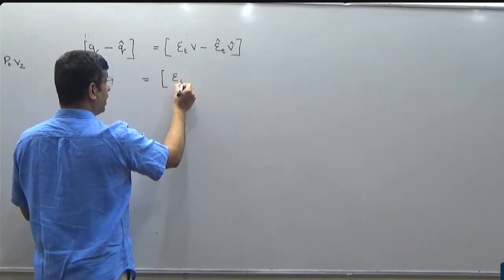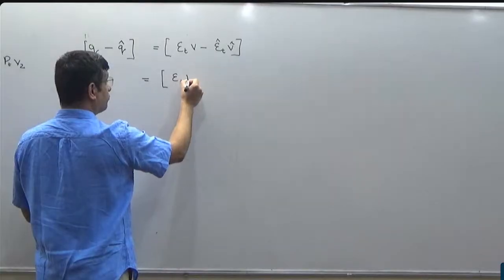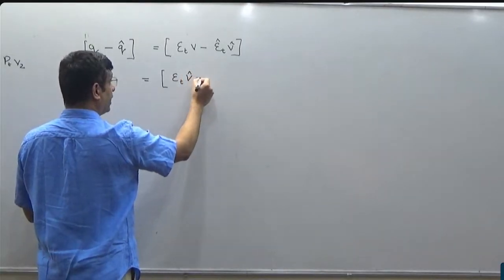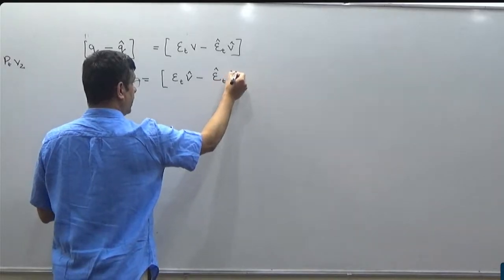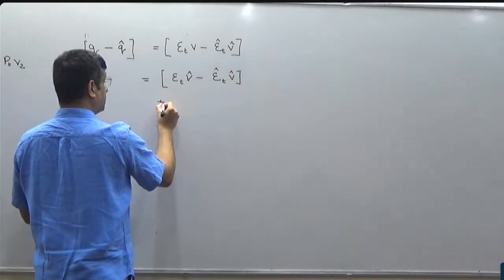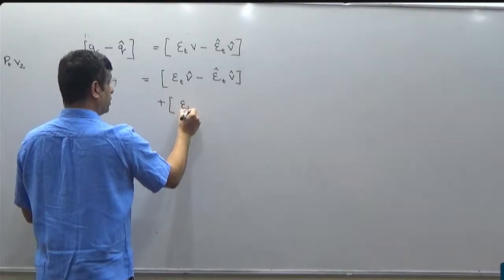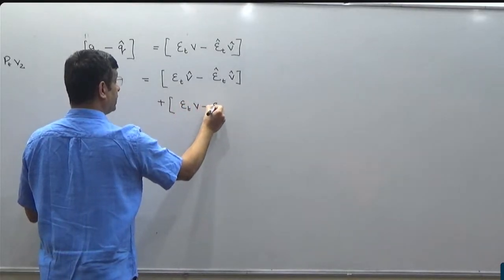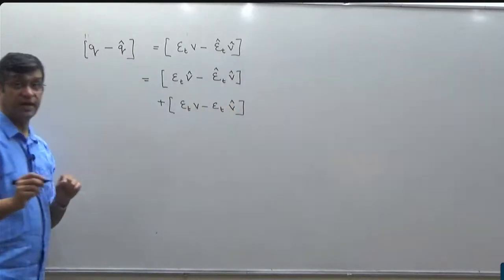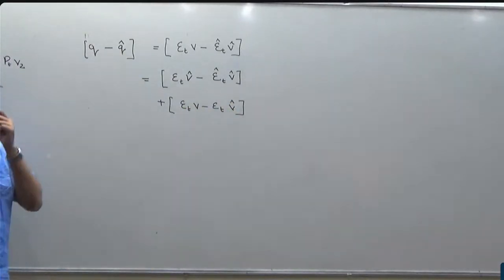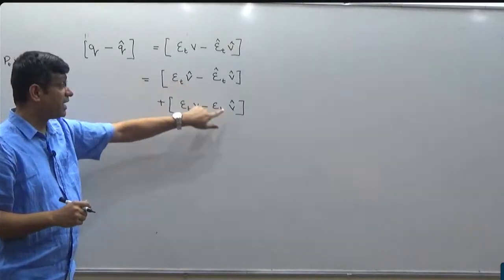So, I will do E hat_t of v hat minus E hat_t of v hat plus E_t of v minus E_t of v hat. Okay. I have to be careful with the signs now because there is no absolute value. What I am doing is I am adding and subtracting these terms.